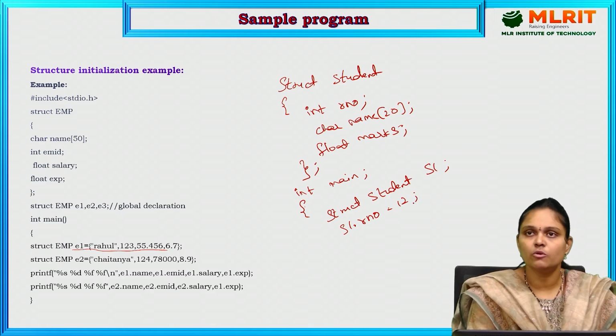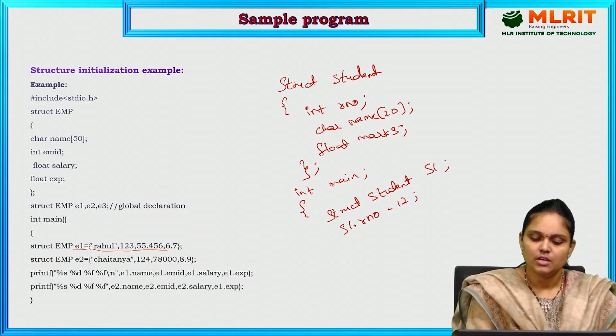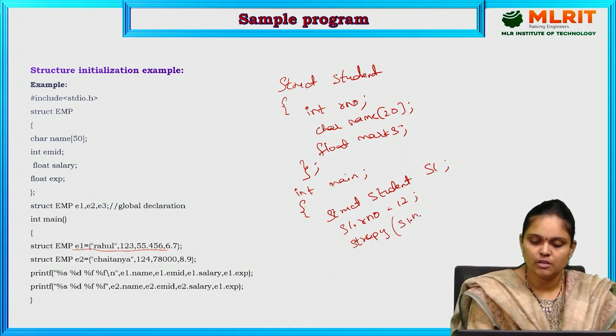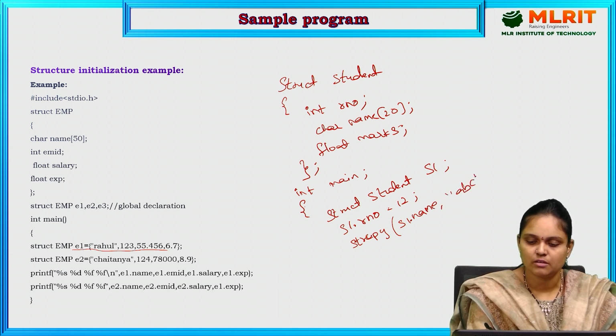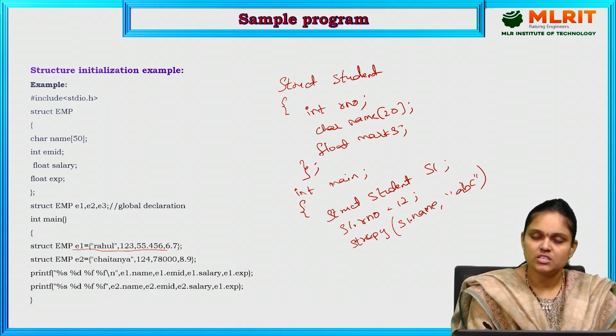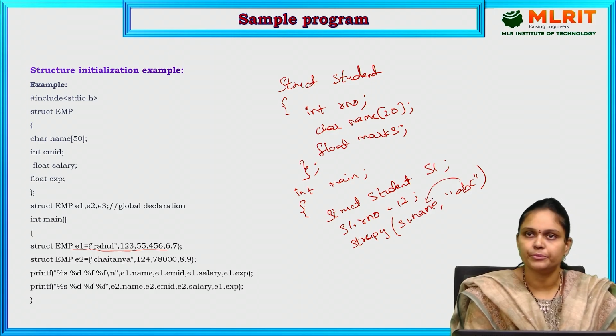In such a way we can also assign, or initialize, values to the structure members. For the name we use the string copy function. Whatever name you have, you assign to s1.name. Consider my name is abc. The string copy function we have seen has two parameters: the string in the second parameter will be copied to the first parameter.